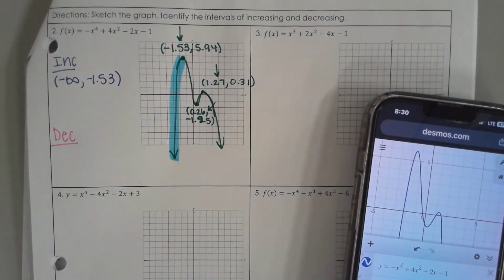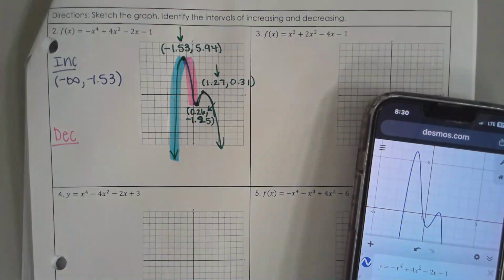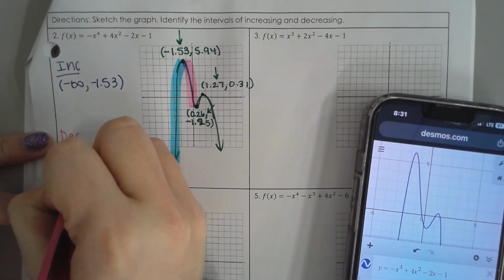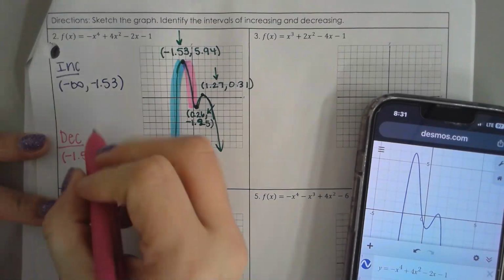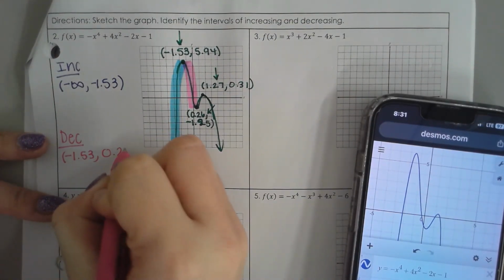So once I'm at the top, I'm going to start coming back down, and that's going to be decreasing. So where does it start decreasing? Negative 1.53. And then it stops at 0.26.